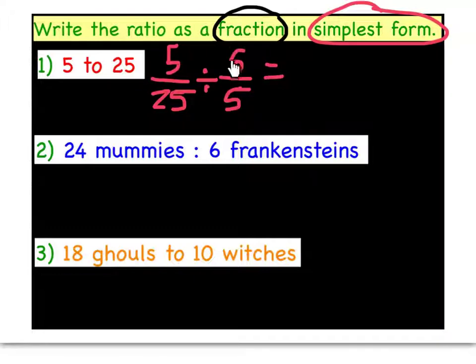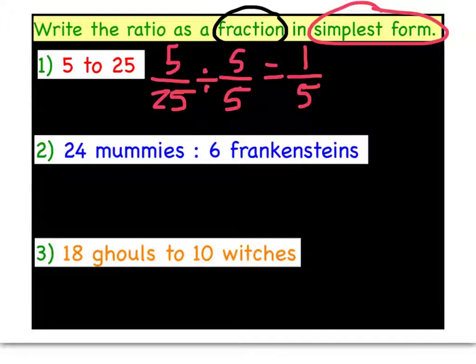Now remember, I'm not changing the quantity at all. I'm not changing what this number is because I'm essentially dividing by 1. So my numerator is 1 and my denominator is 5. There's no label on this problem because there's no label right next to that 5 or a label next to that 25. So my final answer is 1 over 5.